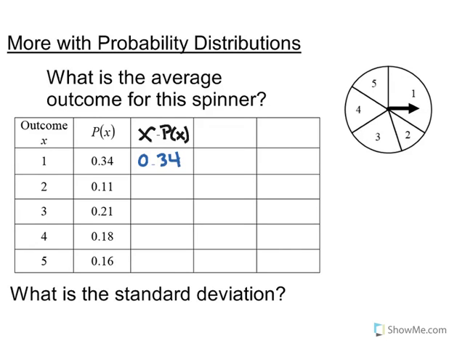If I do 2 times 0.11, I get 0.22. 3 times 0.21 is 0.63. 4 times 0.18 is 0.72. And then 5 times 0.16 is 0.80. Okay. Now if I go through and add all of those numbers together, I get 2.71.